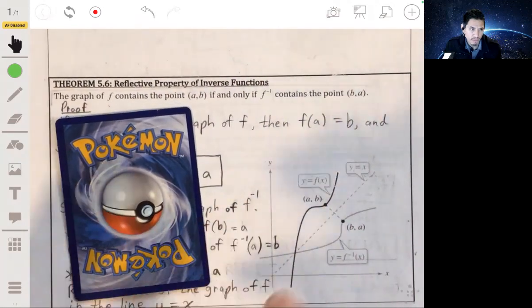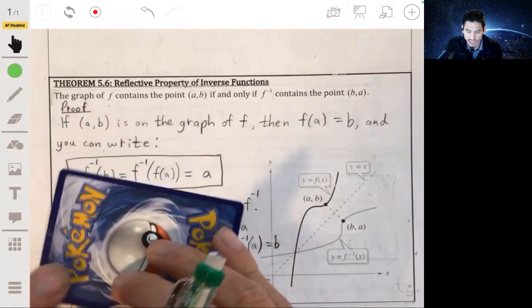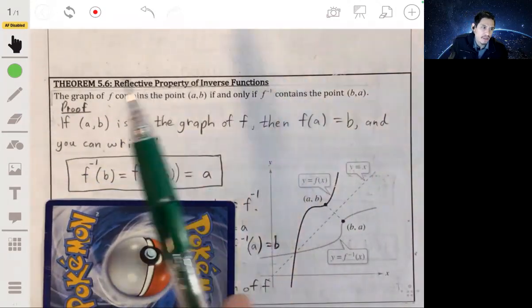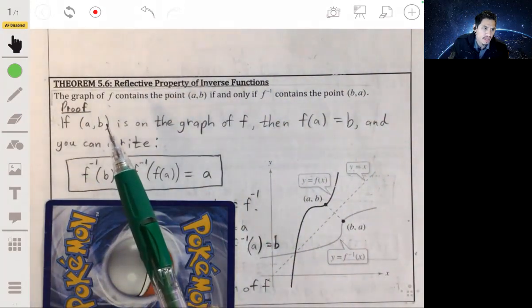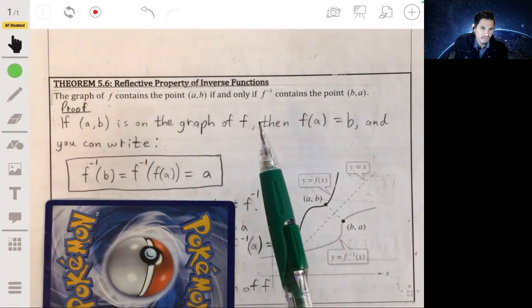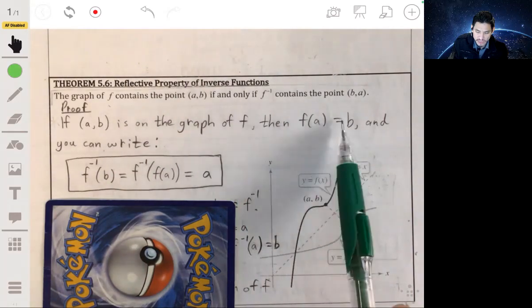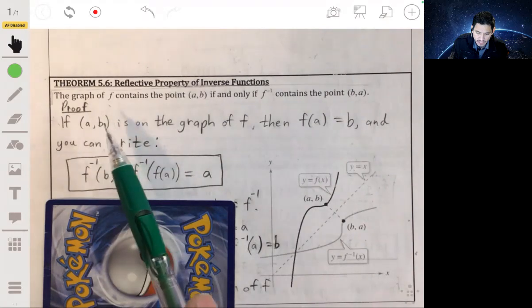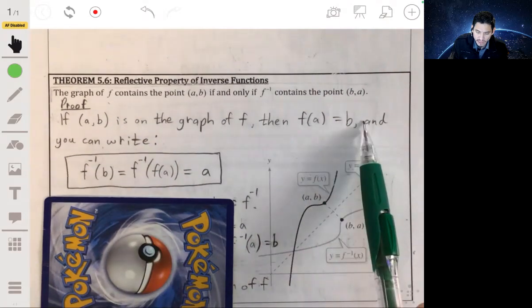A simple proof of this starts with the point (A, B) being on the graph of f, which means that f of A is B, because remember, A is your x and B is your y. So we go from x to y.